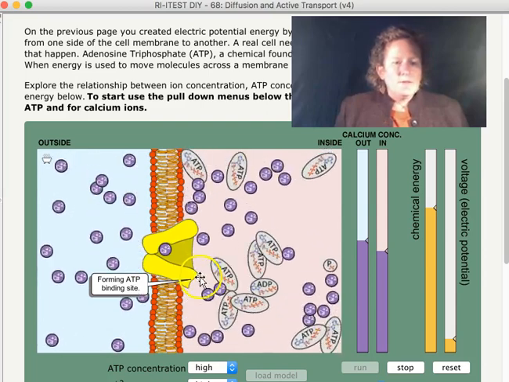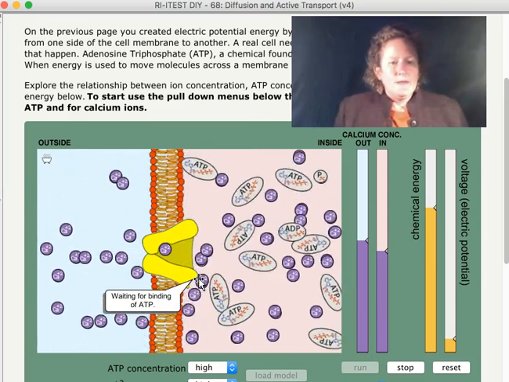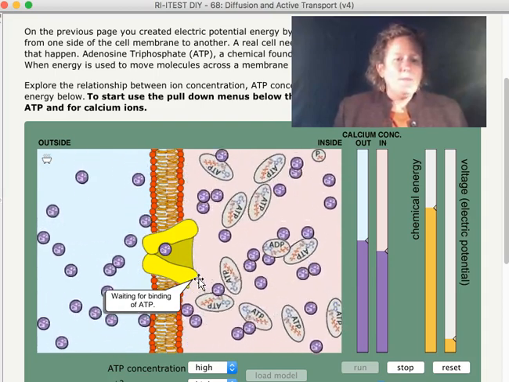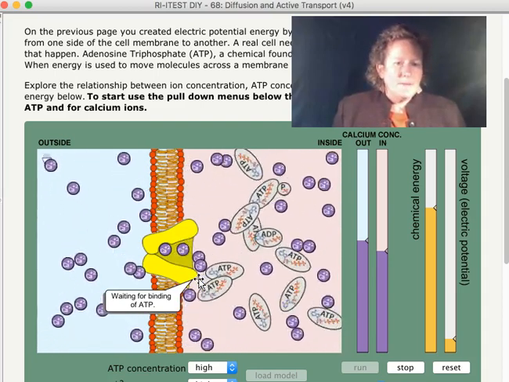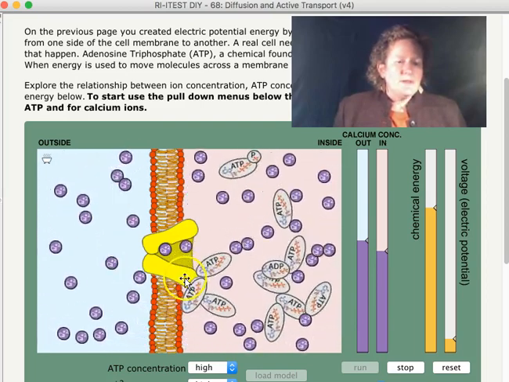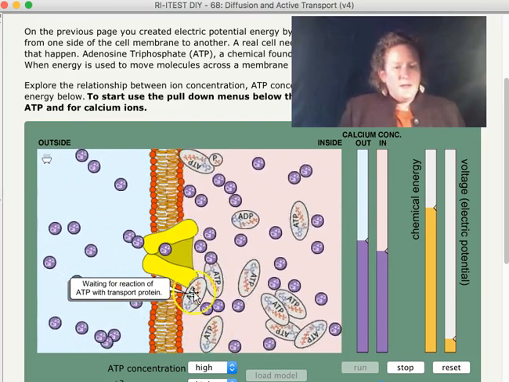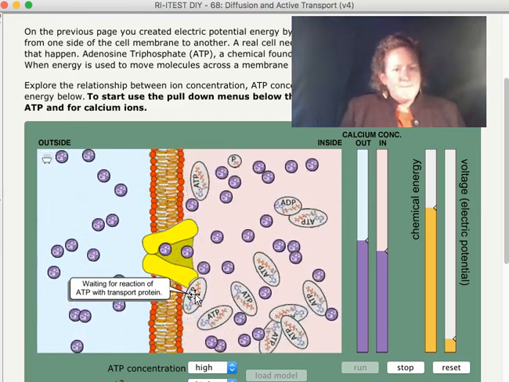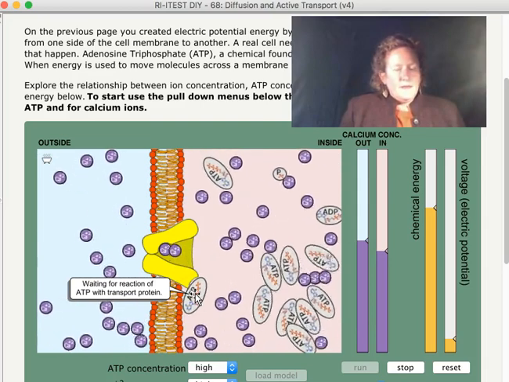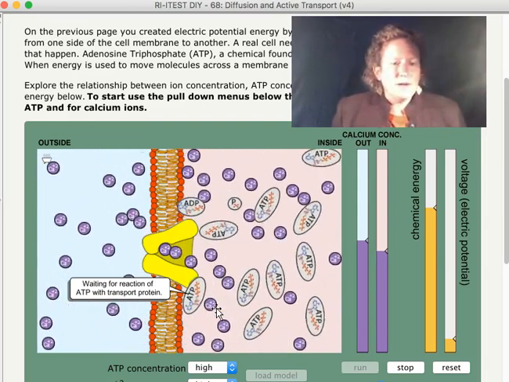And then it waits for an ATP to bumble by, so it has some energy to pump the calcium across the membrane. So when ATP bumbles into this part, it's going to transform from ATP to ADP, and then it'll pop open the other way and push calcium across the membrane.